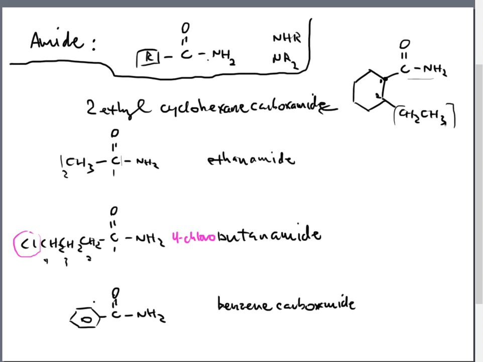So if I start off with the very first one that we did, ethanamide, how do we common name it? Okay, well, what's the common name for a 2-carbon chain? Well, we've used it over and over. It's acet. There's no difference here. It's still acet. We're using the same rules.